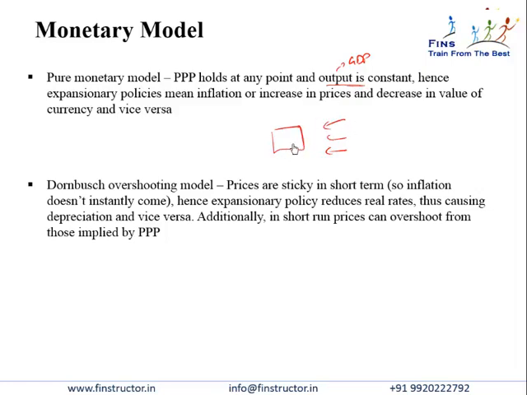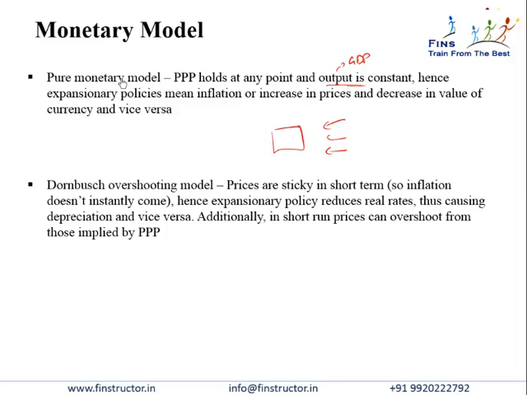They will go up, or there will be inflation, and inflation will cause the value of the currency to decrease. Similarly, restrictive policies will reduce inflation because if money is less, same number of goods, then prices of goods will go down and the currency will appreciate.